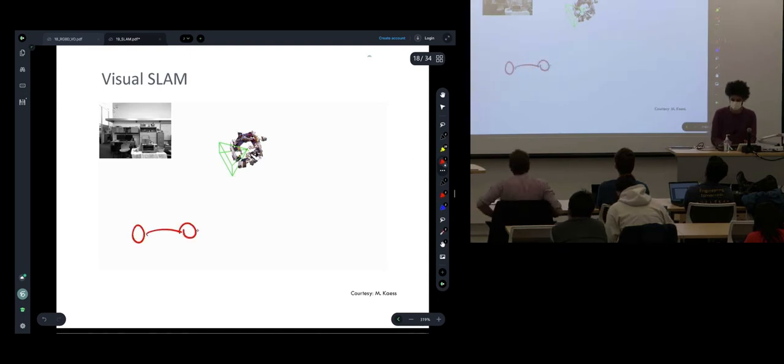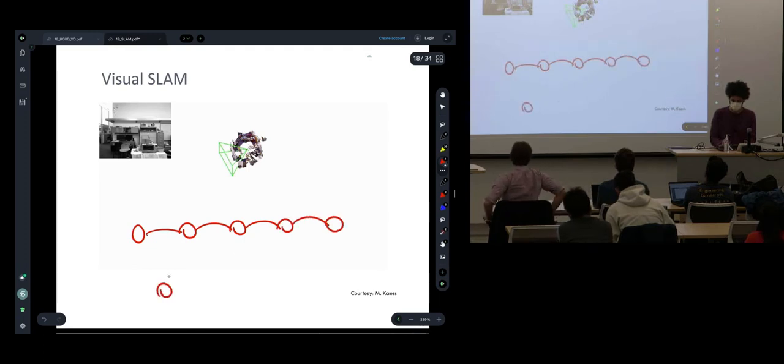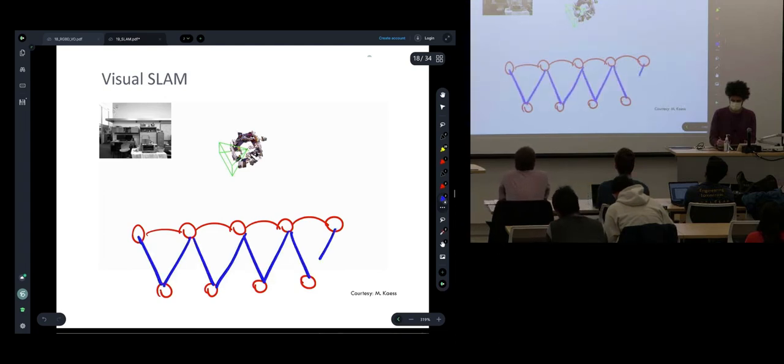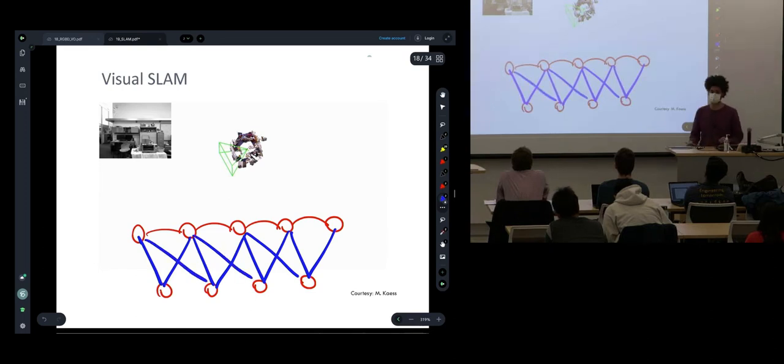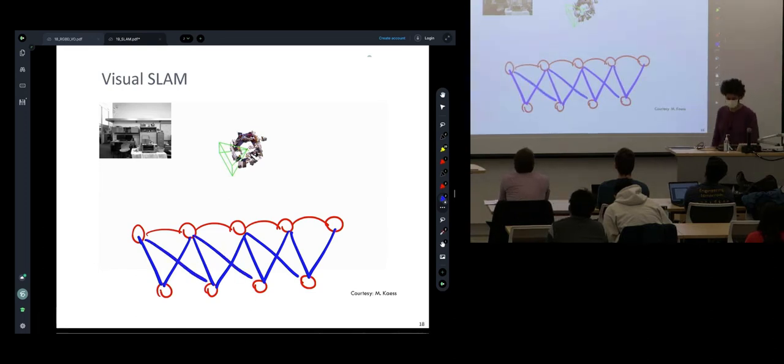So you have these landmarks, you have these poses, right? And when we solve the least squares problem, when we form the Jacobian, this Jacobian is a sparse matrix.